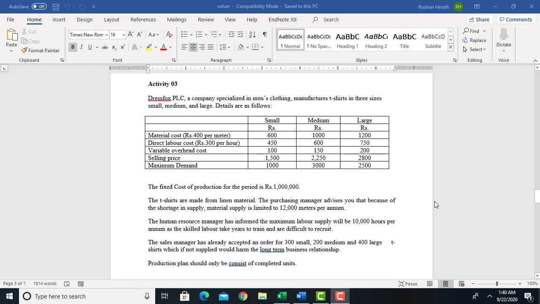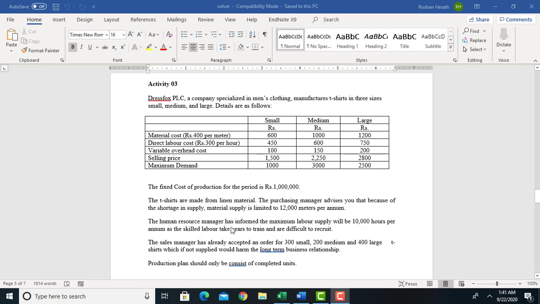The t-shirts are made from linen material. The purchasing manager advises you that because of the shortage in supply, material supply is limited to 12,000 meters per annum. So therefore, it's a one constraint. So it is the material constraint.